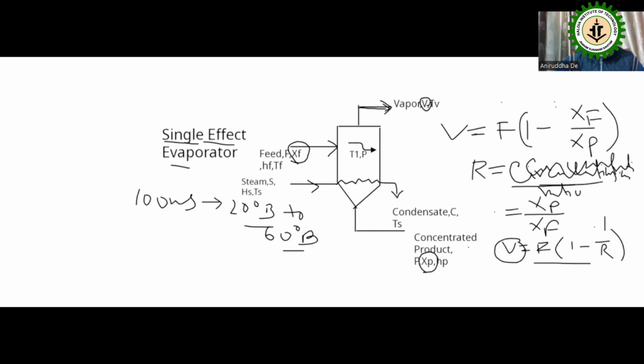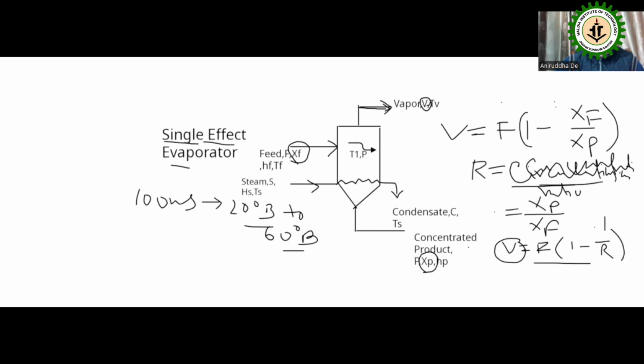Suppose 100 kg of tomato juice is concentrated from 20-degree Brix to 60-degree Brix. How much concentrated product will you get? So how will you calculate?